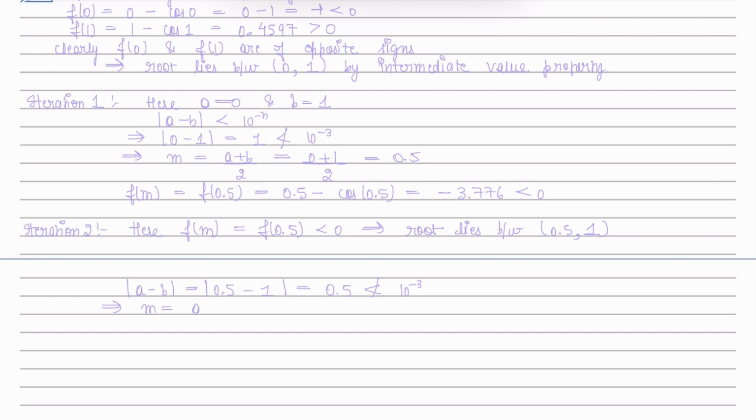M is equal to a plus b by 2. Here the updated value of a is 0.5 and b is 1. This becomes 0.75. Checking the value of the function at this point M, f of 0.75 is equal to 0.0183, which is positive in nature.